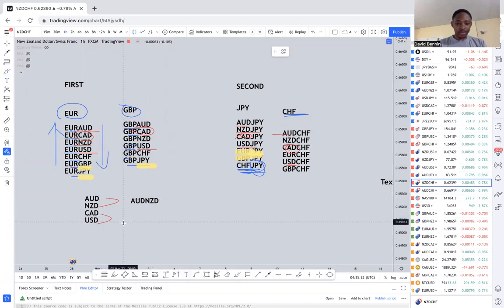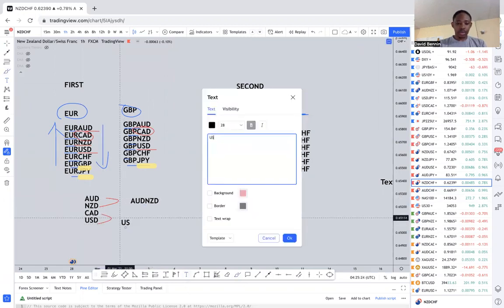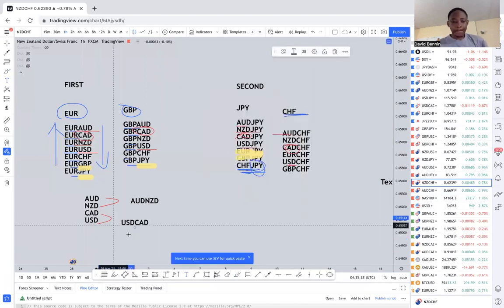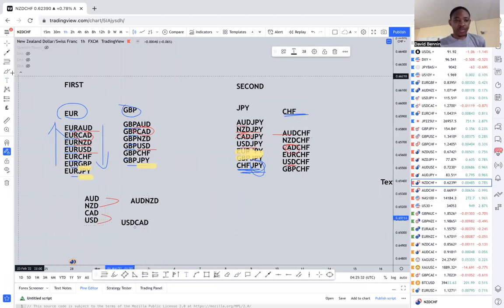This is USD Canadian dollar. This is how it's paired. But between these two, these ones would always be first, and these ones will always be second.